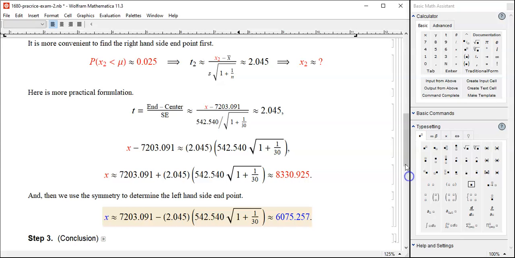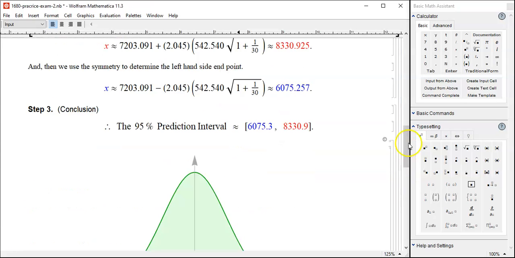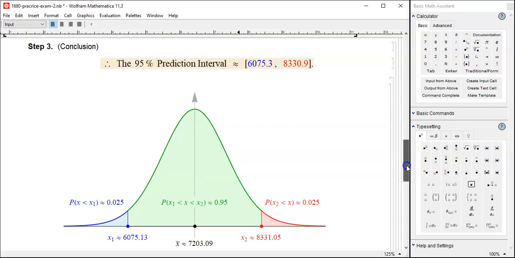And that is my prediction interval. By the way, here's a picture. If you look at this one alone, then you cannot see any difference between the confidence interval and prediction interval. You have to look at the numbers. Prediction interval is going from about 6,000 to 8,030 something. That is the prediction interval for each individual number.